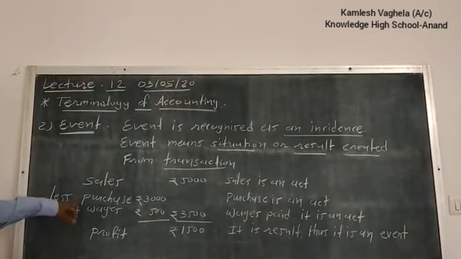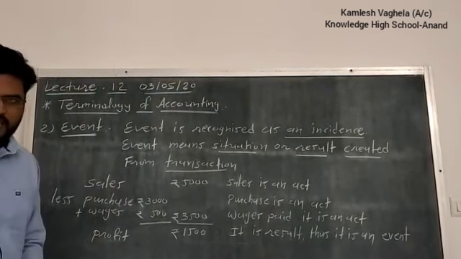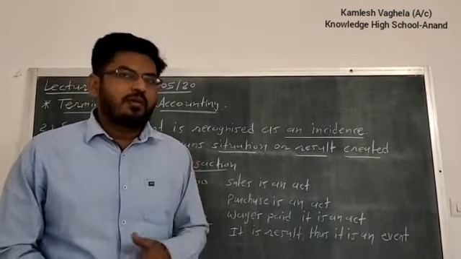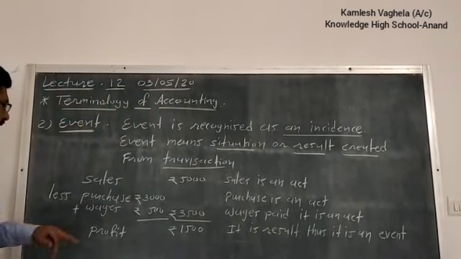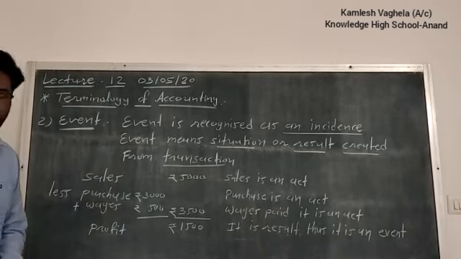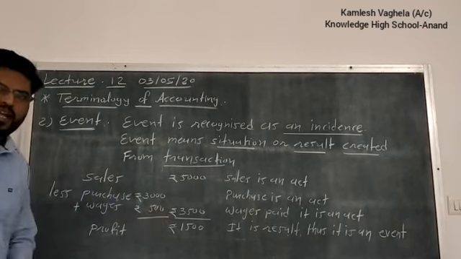Now, second, from sales we minus purchase and purchase expenses so that we get profit. Suppose we have purchased these goods for 3,000 and to purchase these goods we have paid 500 rupees wages. So the total cost is 3,500.